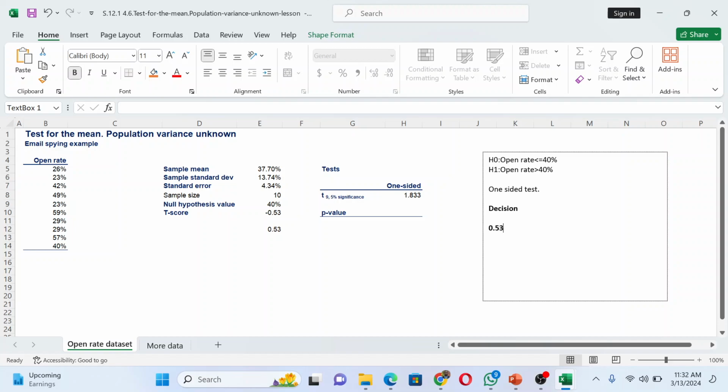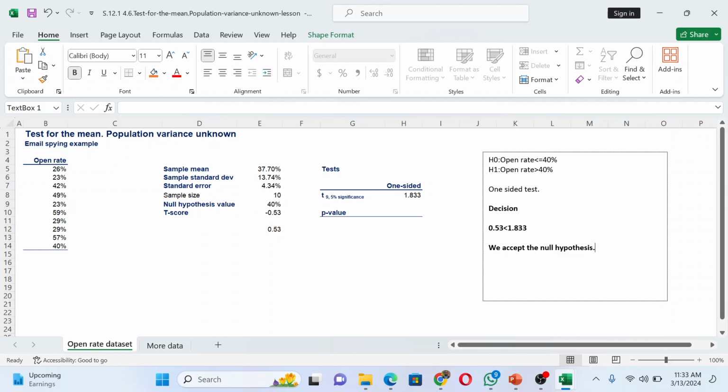So in this case, our test statistic is less than 1.833. So in this case, are we going to reject or fail to reject? If we fail to reject, it means we accept the null hypothesis. So it means the manager was right.